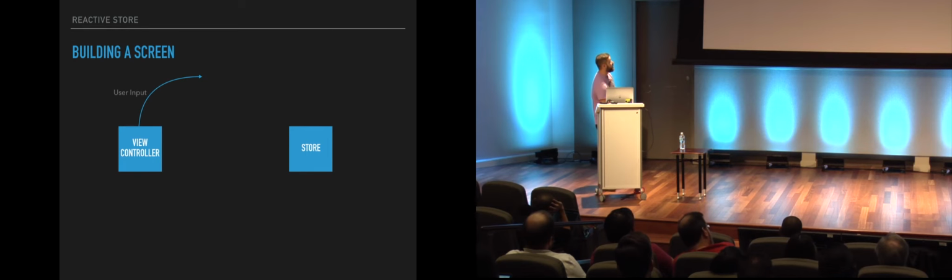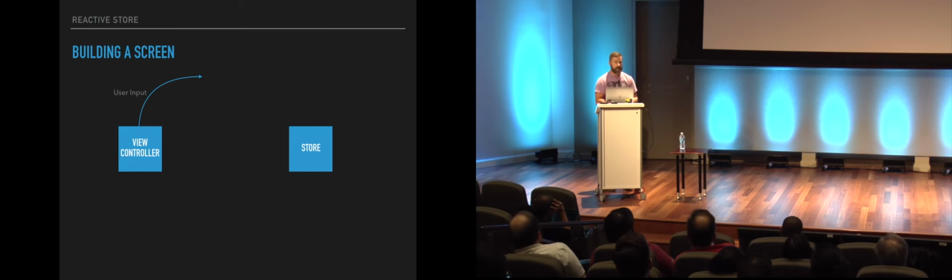We start with our view controller, which produces streams of user input. So I slide a slider, I tap a button, and that's it. We don't put any sort of context to those actions. We just expose them as close to the data that UIKit gives us. When you tap a button, you get nothing. When you slide a slider, you get a float.